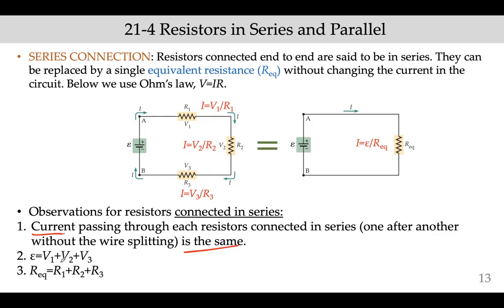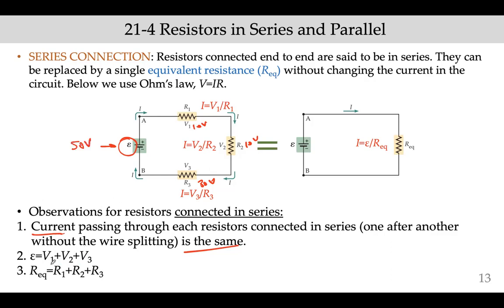The voltages on each resistor, V1, V2, V3, when you add them up, give you the voltage of the battery source. So if we have 10 volts here, 10 volts here, and 30 volts here, then the voltage source is 10 plus 10 plus 30, which is 50 volts.